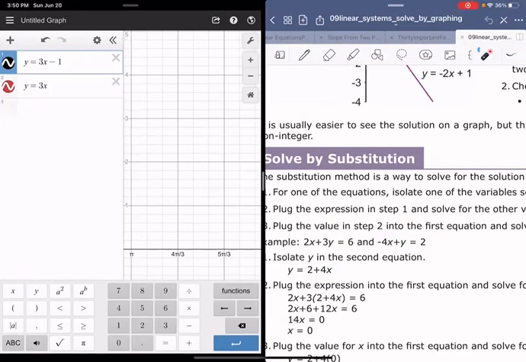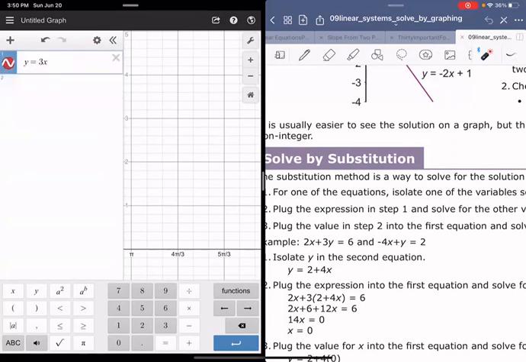Anybody find the crossing point? Zero comma 2.